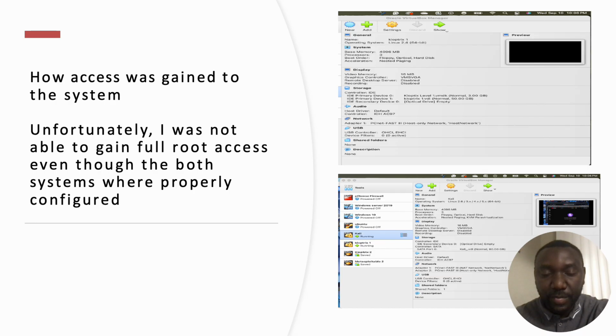I configured it as shown in the videos. As you can see, the screen shows the system properly configured, and I properly entered all the commands on Kali Linux, but it did not work, for a reason I don't really know.